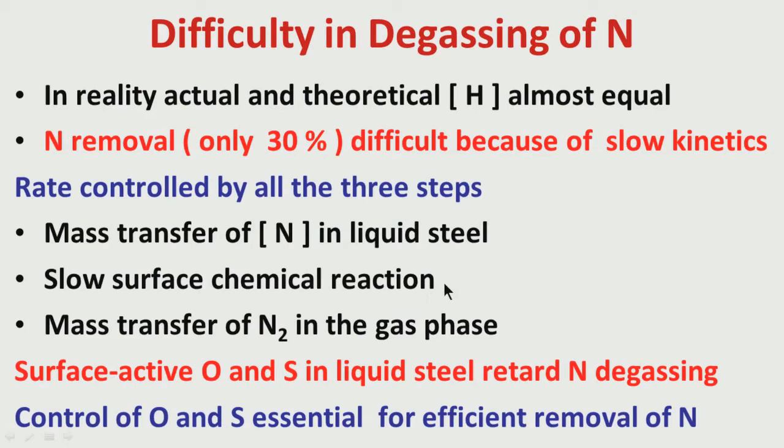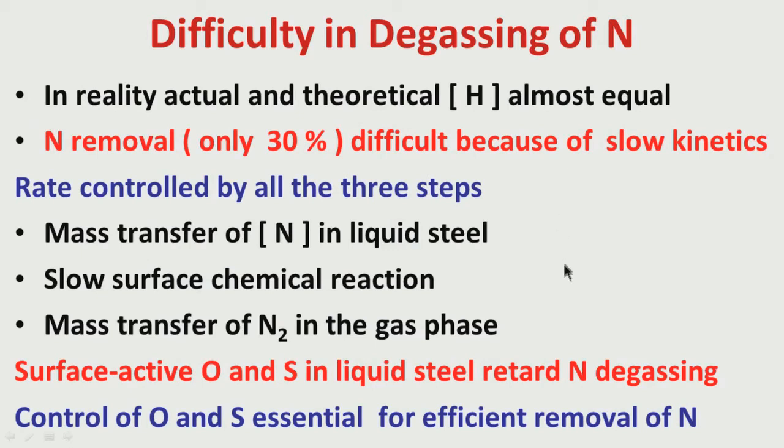After that, whenever atomic nitrogen forms gaseous nitrogen, the mass transfer of nitrogen in the gas phase is also another step. If it remains at the interface, then the reaction will be slower, and further reaction is difficult. So, this must get removed, there has to be a mass transfer.